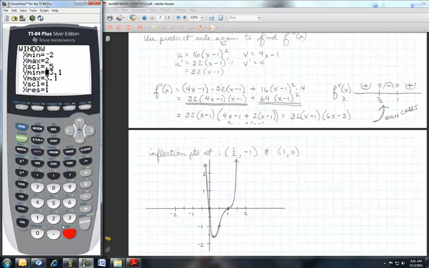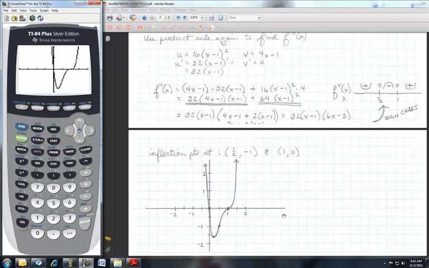My y value is -2 to 2. Okay, not bad. It comes down, bottoms out. There's that curvature going down, and then at 1, 0, it's concaved up.